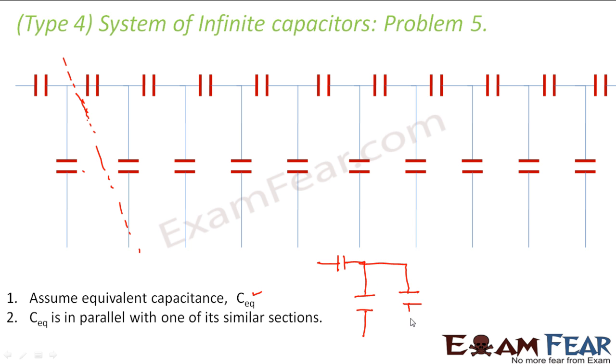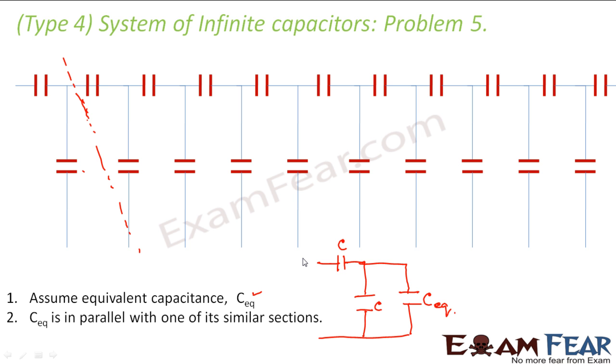So I draw this circuit in my own way. Let us say this is capacitance C, this is capacitance C, and this is capacitance C equivalent. So basically what I say is that the equivalent capacitance of this entire circuit can be replaced by a single capacitor which is having the value of the equivalent capacitance of the circuit.